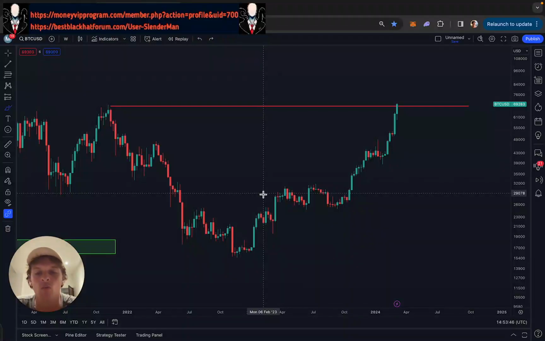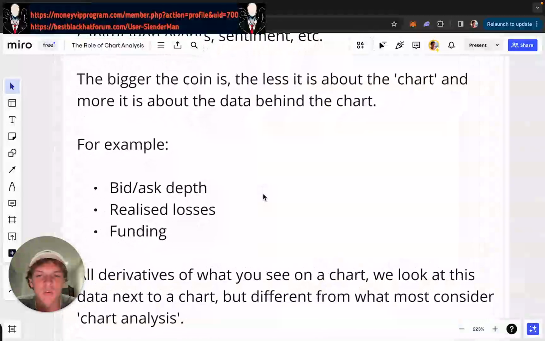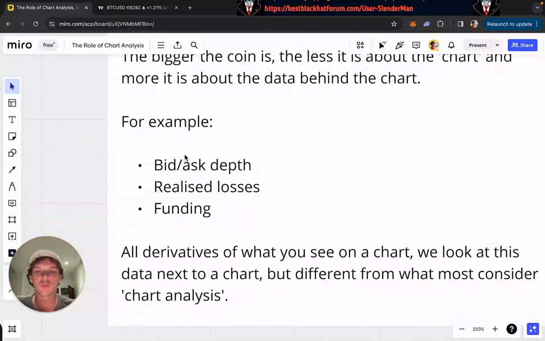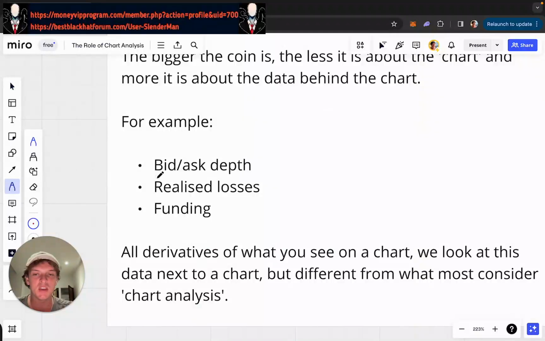What works, in my experience, is using other data sets which are more advanced that measure sentiment and measure what smart people are doing. So, for example, how many bids are in the order book right now? How many asks are there? If you don't know what this means, a bid is someone wanting to buy, and an ask is someone trying to sell.